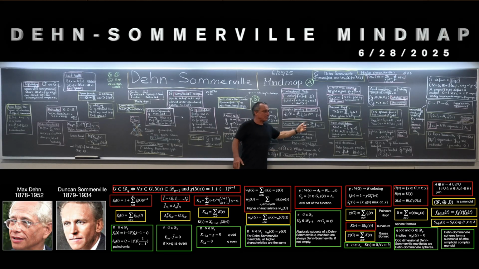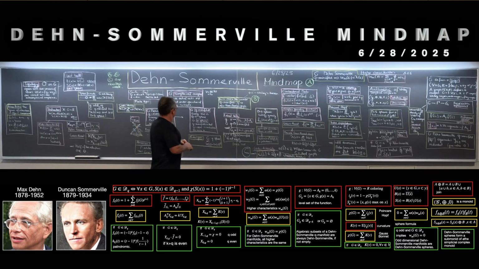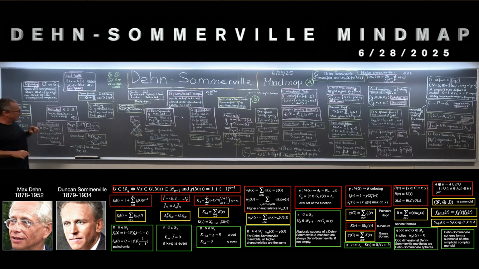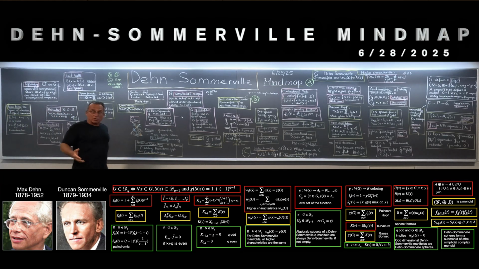So this is the derivative here. So we can also integrate that. Also, we can use Gauss-Bonnet for valuations. Valuations are like a generalized Euler characteristic.